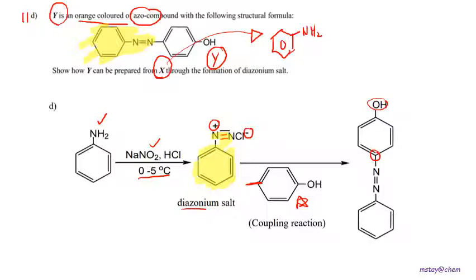Then they will bond and form the azo compound. This azo compound is orange in color.